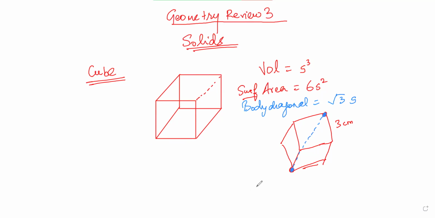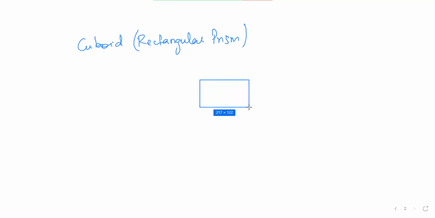Okay. Moving on to the cuboid. Cuboid, also known as rectangular prism. So this is what a rectangular prism would look like.